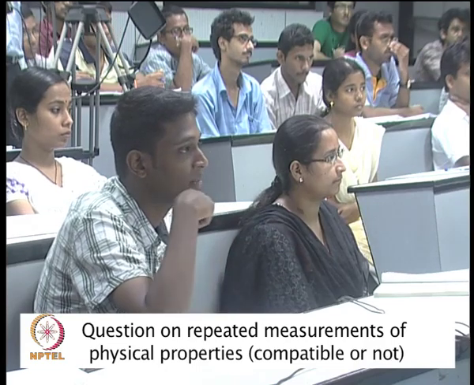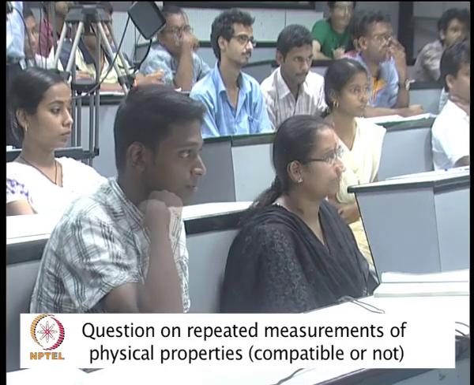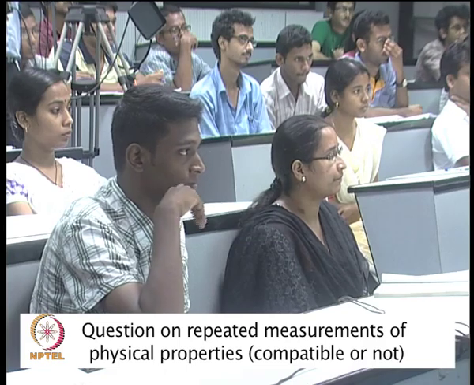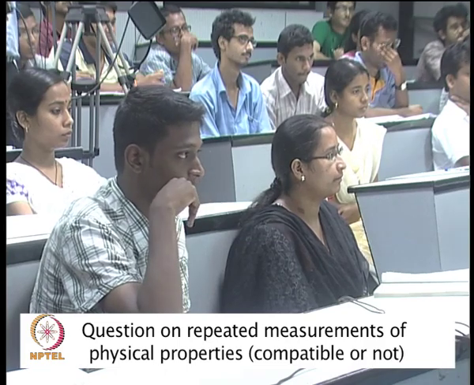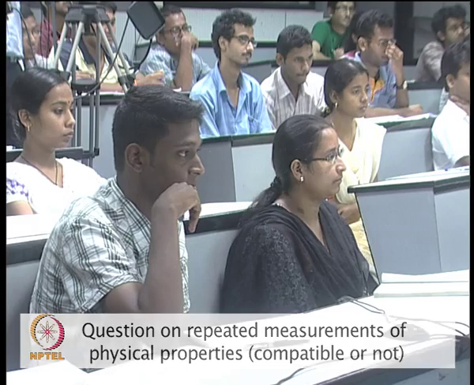What's your name? Pranav. Yes. See, your question goes down to the very heart of quantum mechanics. Because what is really happening is you perform a measurement, the system collapses into an eigenstate of that measurement.